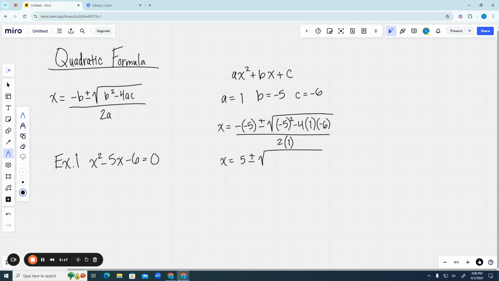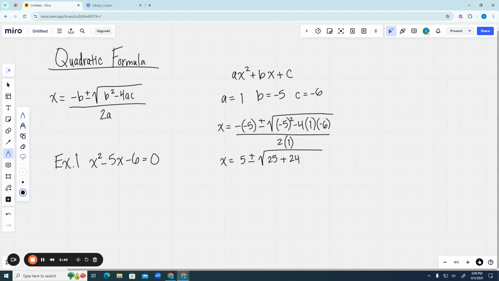You can do -5 squared, which is 25. Anything squared is always going to come out positive. And then you can do -4 times 1 times -6, which is 24. That will be positive 24 if you multiply all that together, because there's these two negatives here.